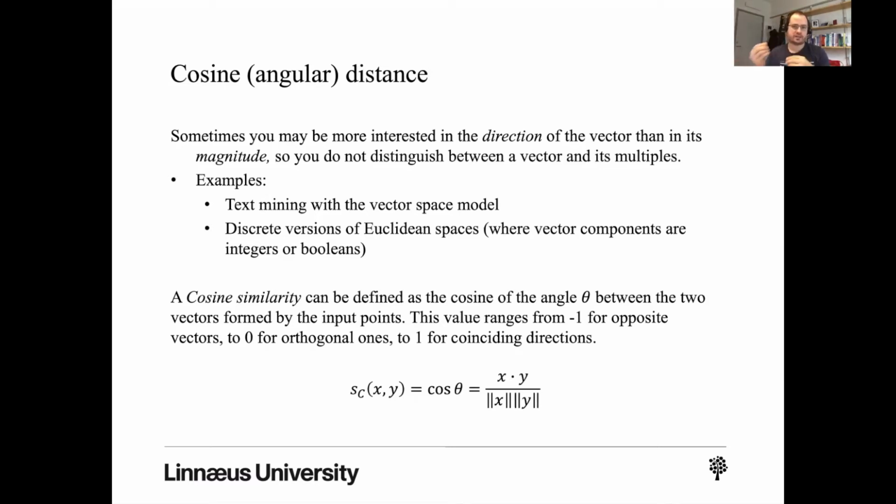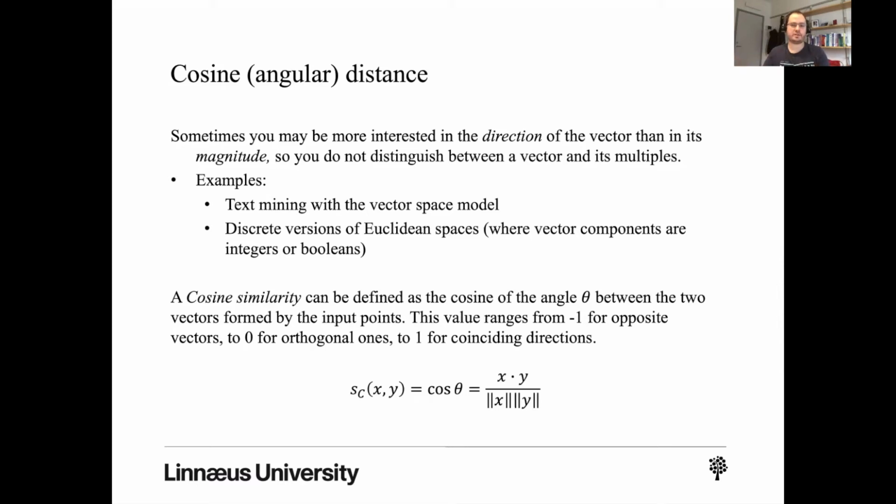So again, the second component is 2 times the first one, right? But the whole vector is also 2 times the first one, so it's a multiple of the first vector. And sometimes you're not interested in that because they are basically the same. They're giving you the same information.